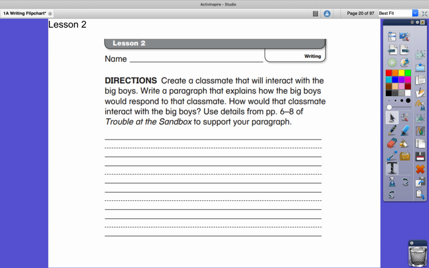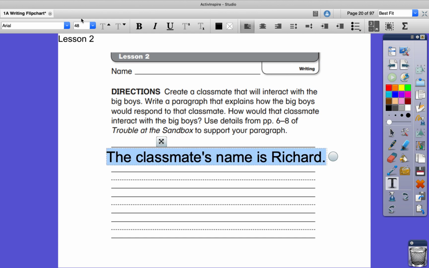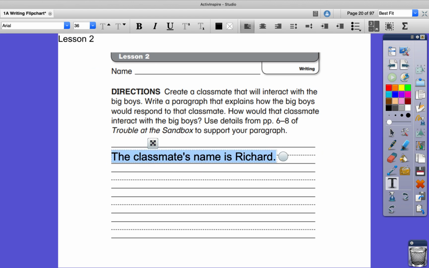So if I were to come up with a new character, I have to think of a character name. So I might say, the classmate's name is Richard. Okay. Now, maybe Richard wants to ask the big boys, just like in the story, he wants to invite them to play with him.